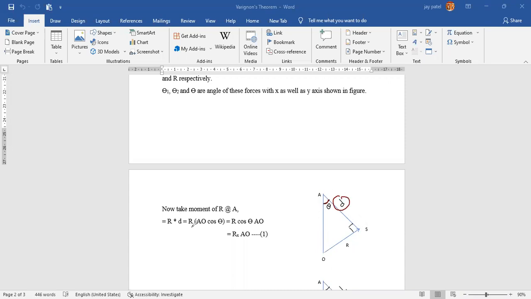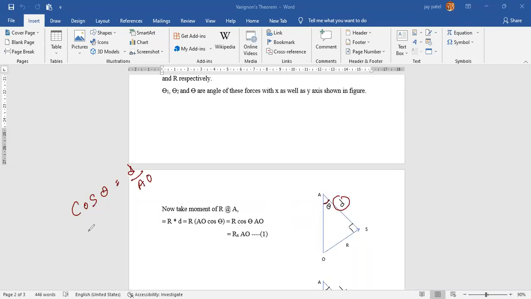Now before taking the moment, in this triangle, what is cos theta? What is the cos theta? D divided by AO, yes or no? Adjacent side over hypotenuse.